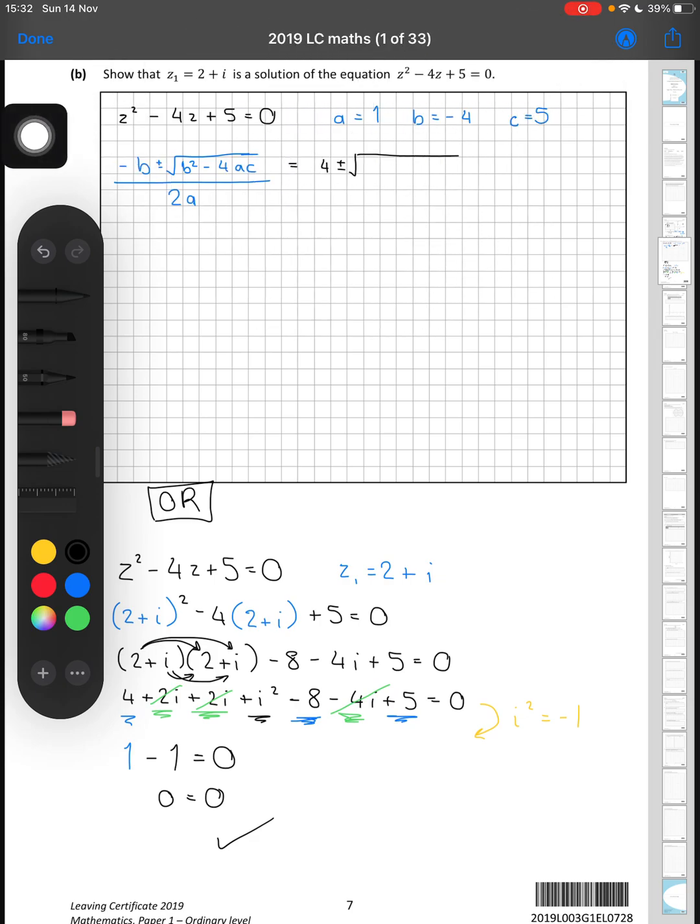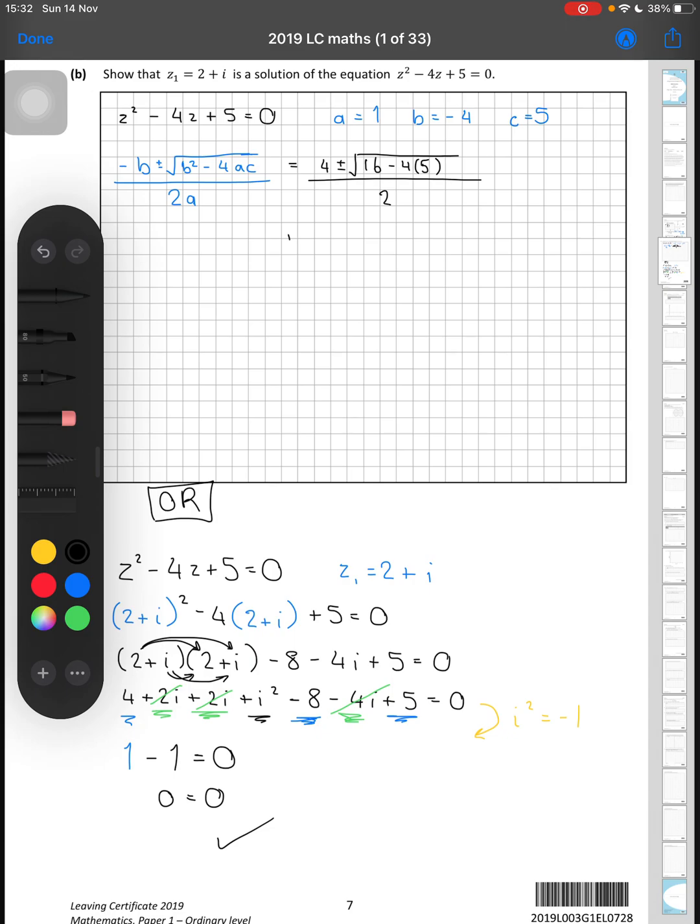So I'd end up with 4 plus or minus b squared, so minus 4 squared is 16. And then I have minus 4 times a, so just times 1. So still minus 4. And then times c is times 5, and that's all over 2 times 1, which is 2.